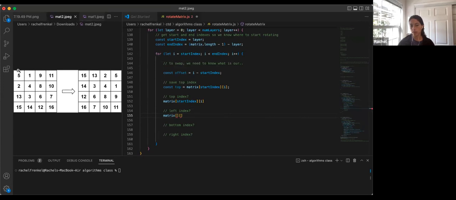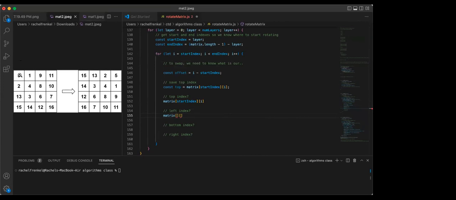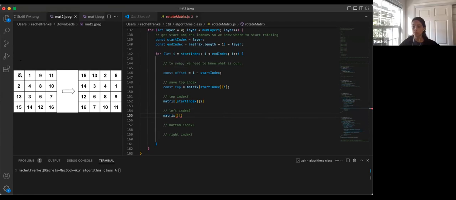And how do we figure that out? Any ideas? Like matrix length? Yes, matrix length, but it's not going to be just matrix length, because remember, it depends on our layer as well.